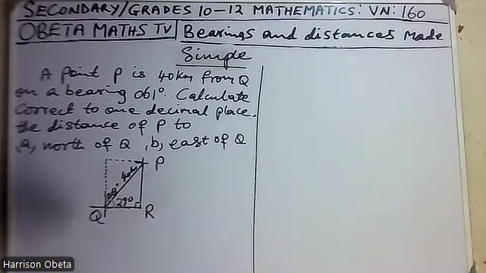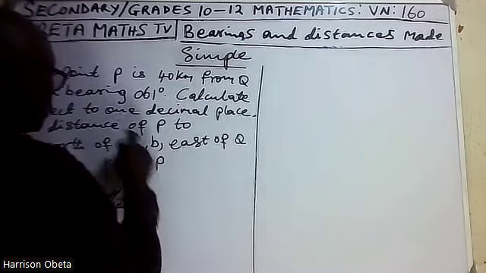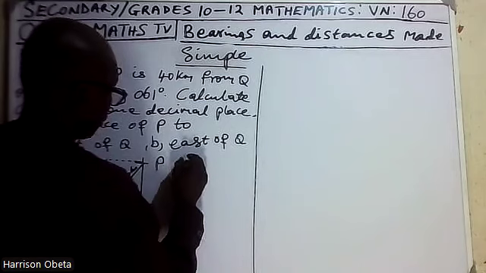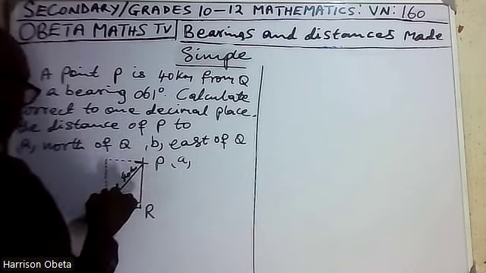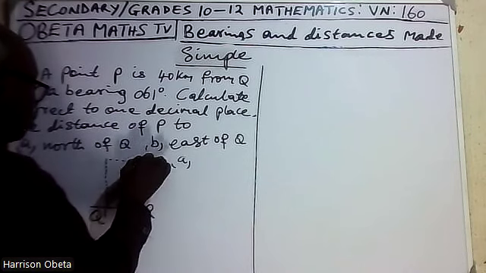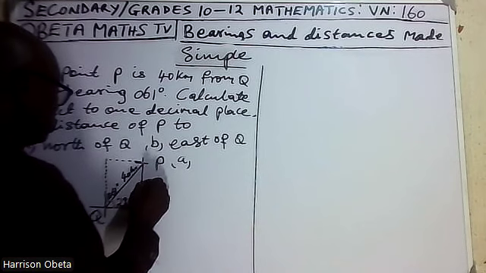Now, first of all, we are talking of a distance of P to north of Q. That is from here to here, which is equal to from here to here. So let's take this to be our small q.